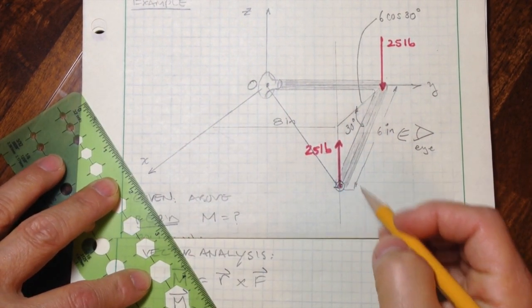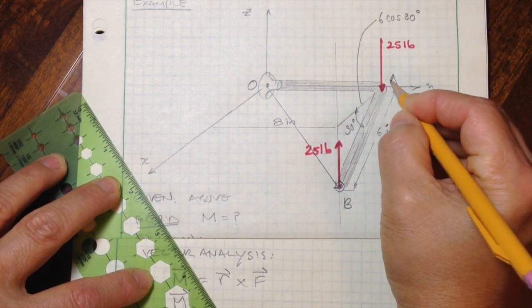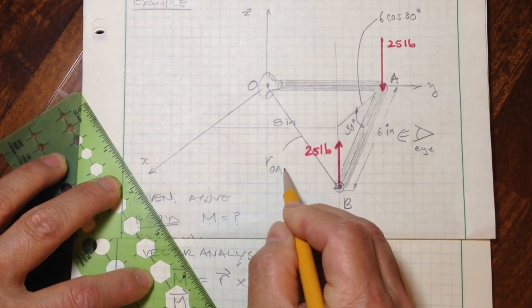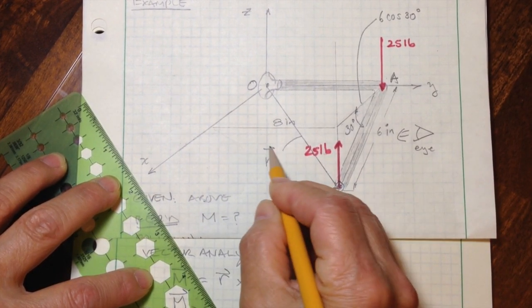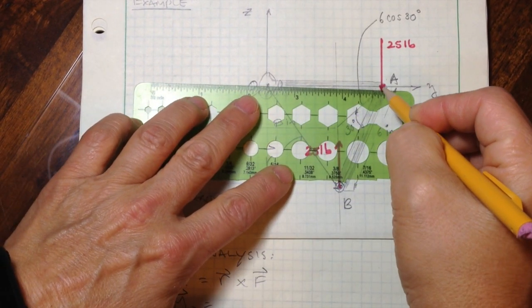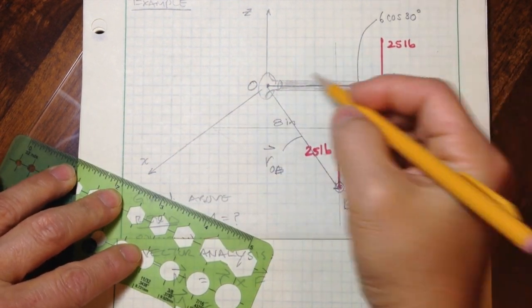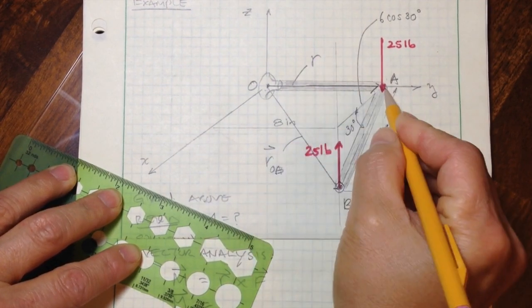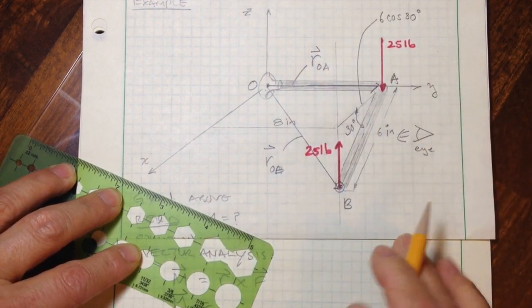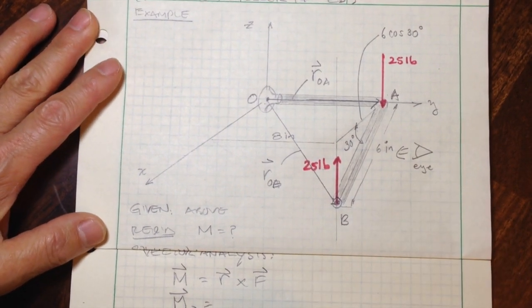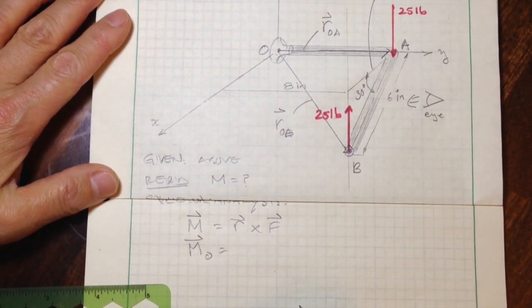Let's call this point B and call this point A. So we'll call this position vector OB, and we'll call this position vector right here R from O to A. And the computation goes like this.